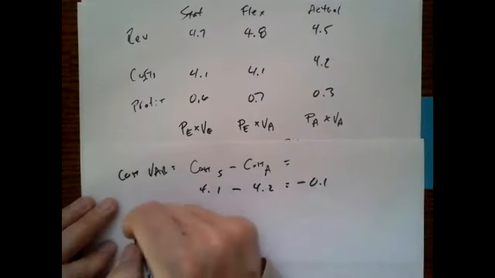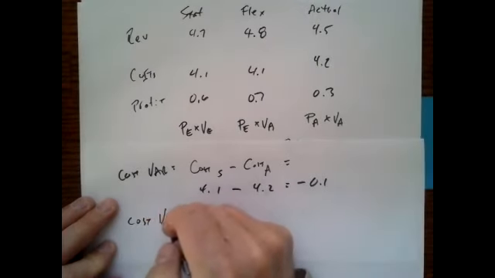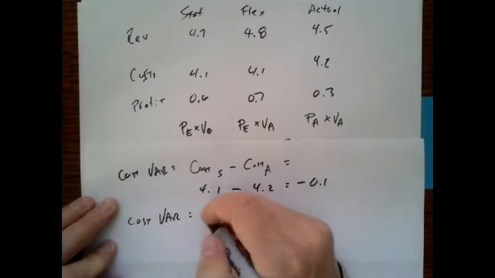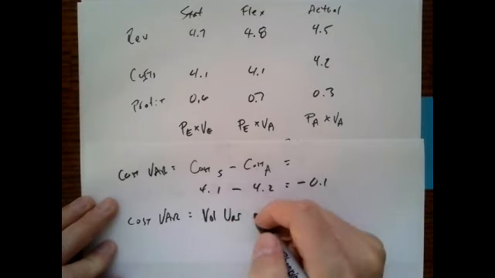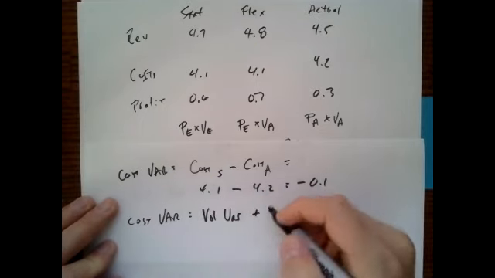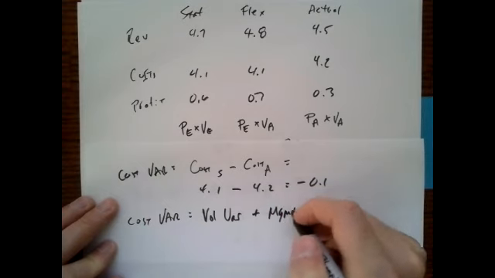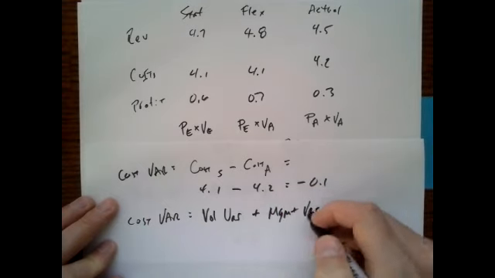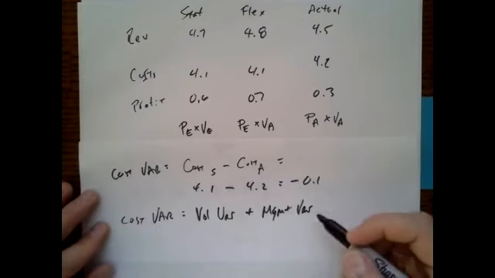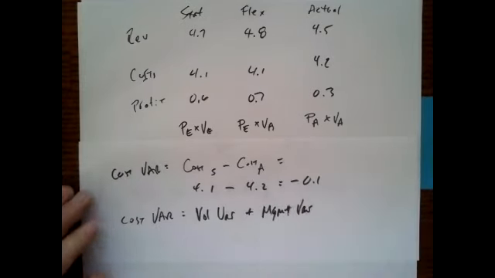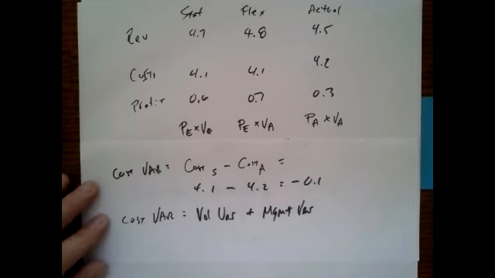Cost variance breaks down into volume variance and management variance, which is really price variance. But we're calling it management variance when we talk about costs because one of the things that managers are supposed to be able to manage is the price of the inputs that they're using.